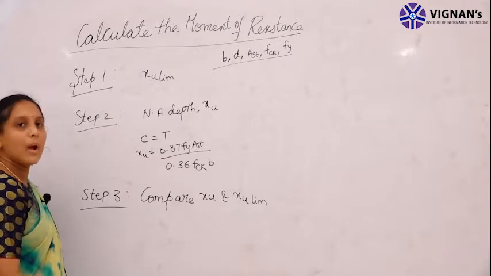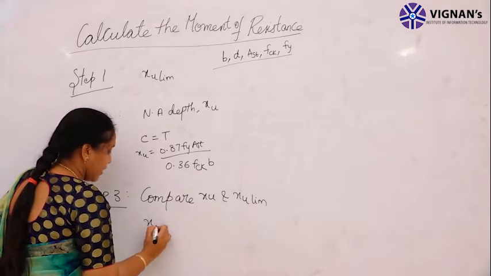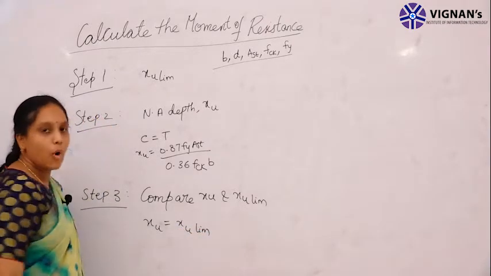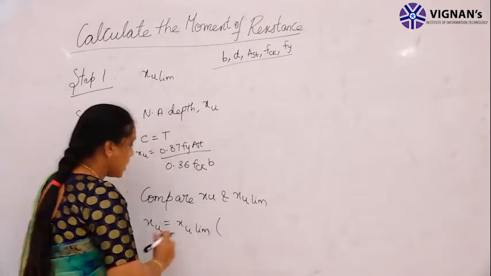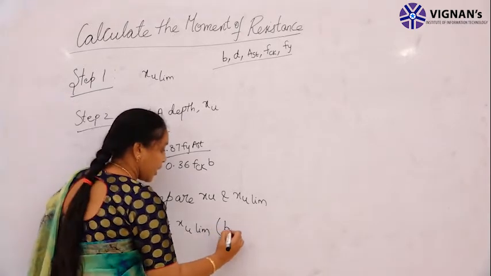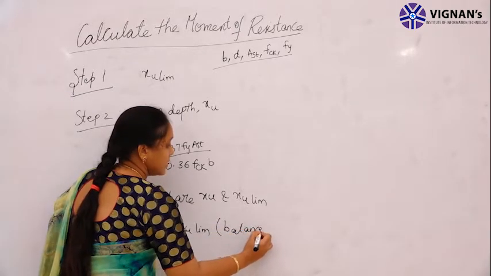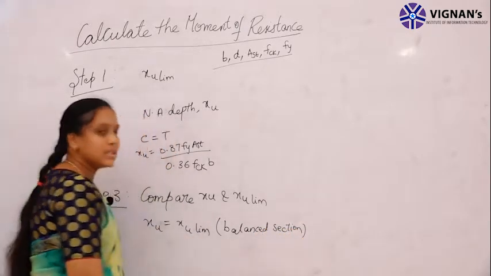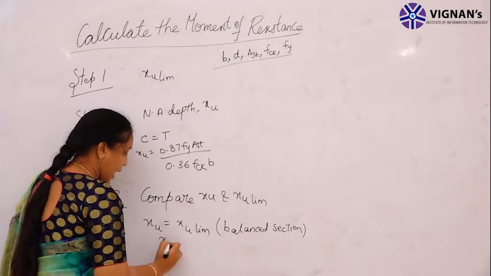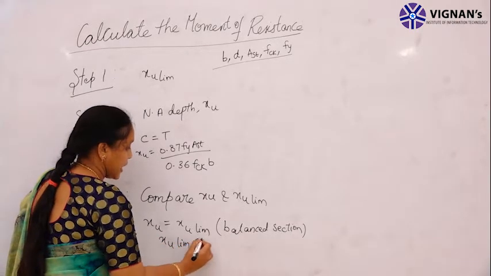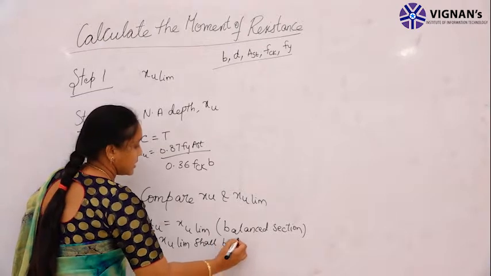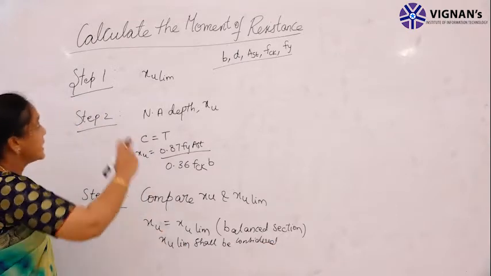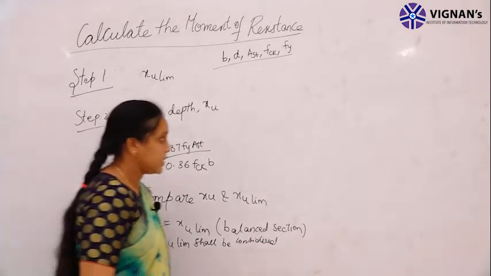While comparing, if XU is equal to XU limit, as we have already discussed in the previous classes, the section will be a balanced section. If it is a balanced section, the XU limit shall be considered while calculating the moment of resistance.